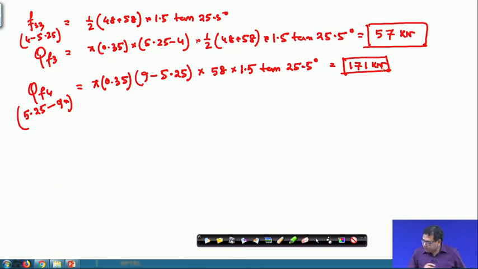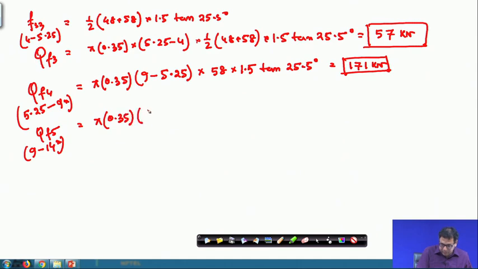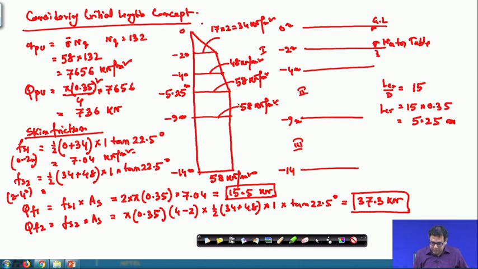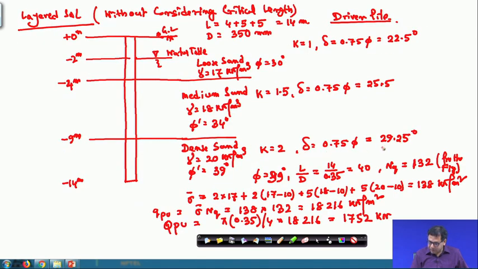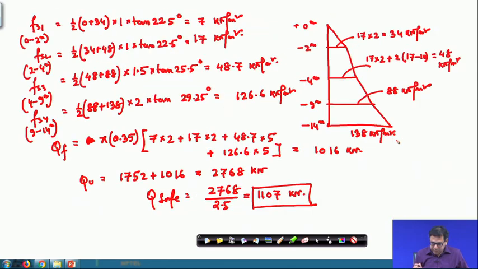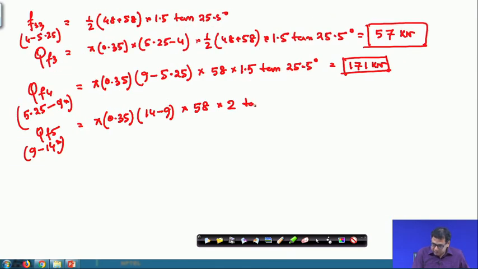Okay. So, next one QF5, which is from 9 meter to 14 meter, that is equal to again pi d, L is 14 minus 9, into again uniform 58, but k value is 2 here and delta is 29.25, so tan 29.25.